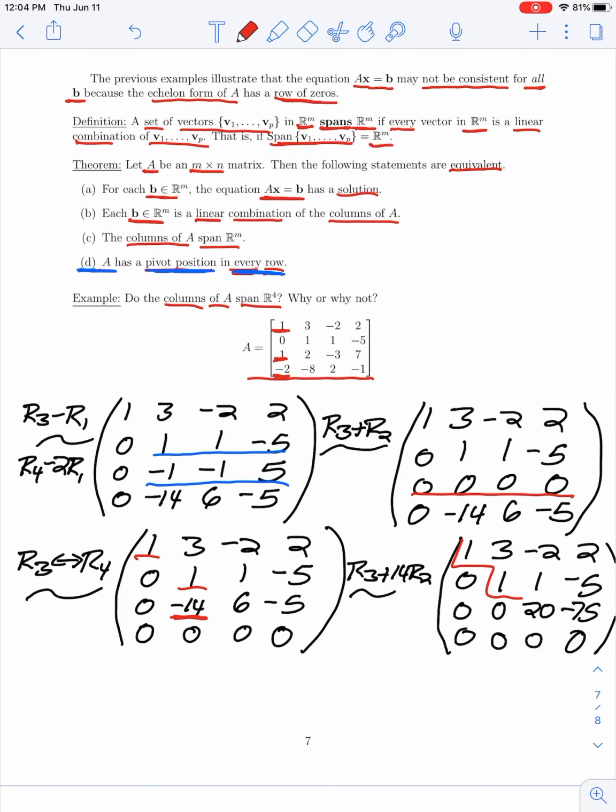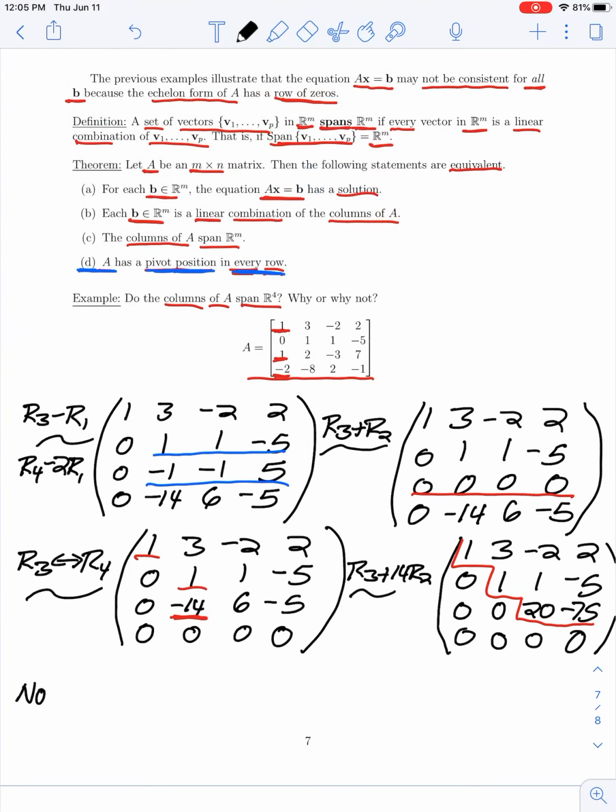So this matrix I have put into row echelon form, not reduced row echelon form, but we can see here that since we have a row of all zeros as our last row, we do not have a pivot position in every single row. So since this fourth condition, condition D in our theorem, does not hold, we know that the columns of A cannot span all of Rn.